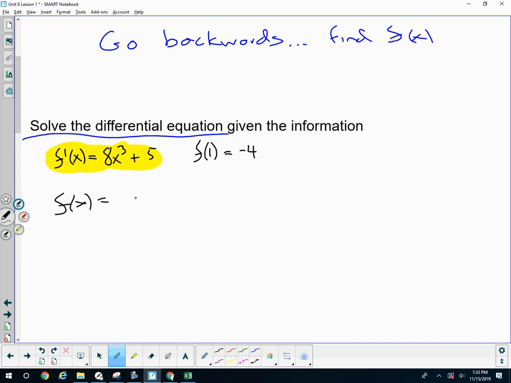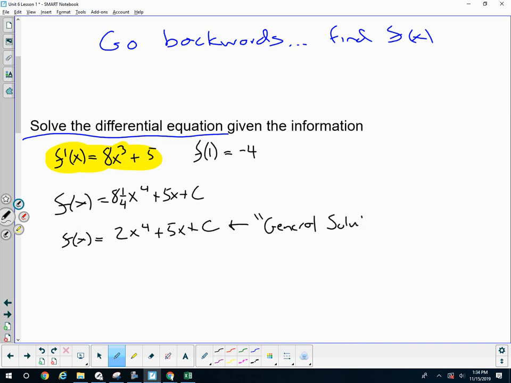A lot of us don't like to, but we need to. f of x equals 2x to the fourth plus 5x plus c. Don't forget your plus c. This, my friends, is what we call a general solution. It's a general solution because it has a plus c.